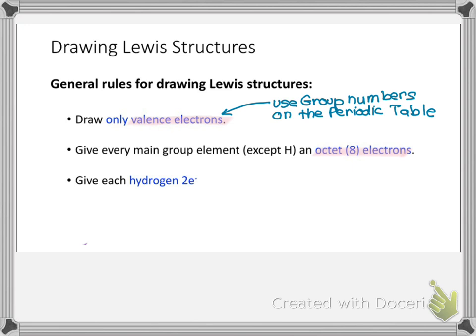Now there is an exception here, and that is hydrogen, because hydrogen cannot have 8 electrons. It only has a 1s orbital, so it can only have 2, and so it's an important thing, and I'm going to put some exclamation marks here, and that is we're going to get the number 8 in our mind, but when it comes to hydrogen, it can only have a single bond.